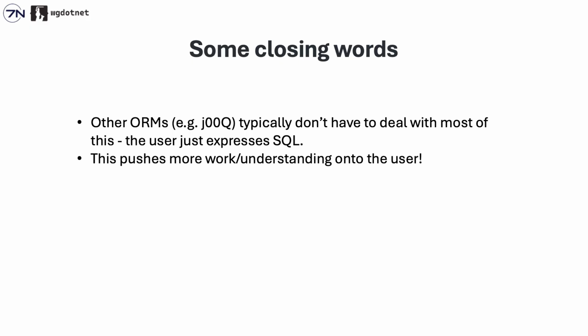All of this stuff, almost all of it, is a problem because we translate LINQ to SQL. Most other ORMs, like an ORM like Jooq, don't have to deal with this in general because they don't need to care. The user just expresses SQL directly. So a Jooq user has to think about whether they want to use OpenJSON or choose the strategy that they want for parameterized collections themselves.